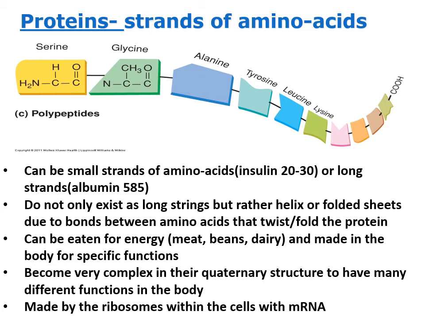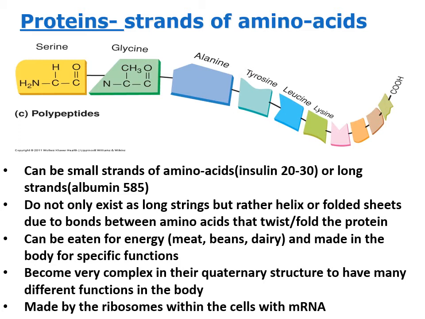so when a protein is made, it doesn't exist like a long strand of hair, because of the different electron forces, positive and negative. It's going to cause the protein to fold on itself and to turn into very specific structures.